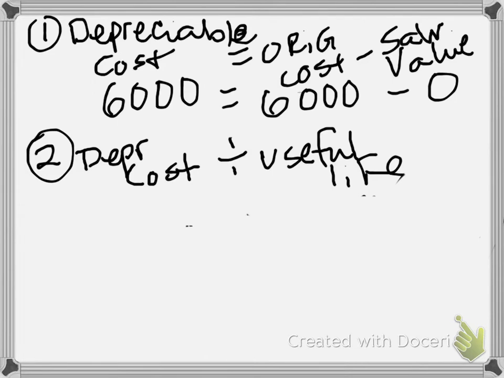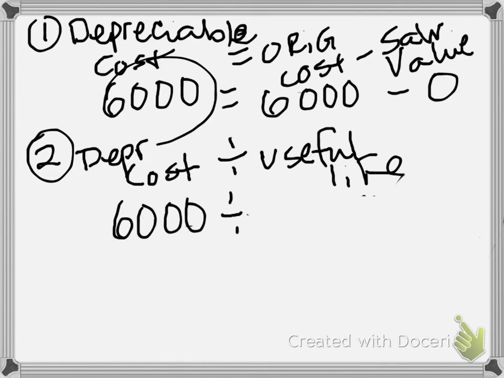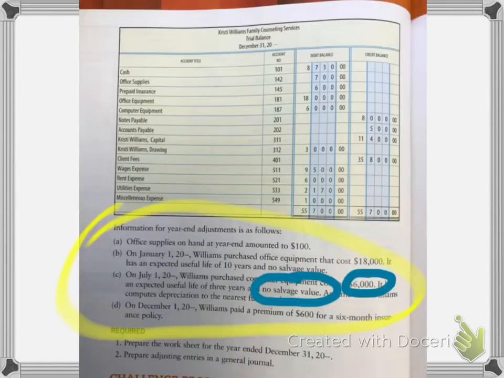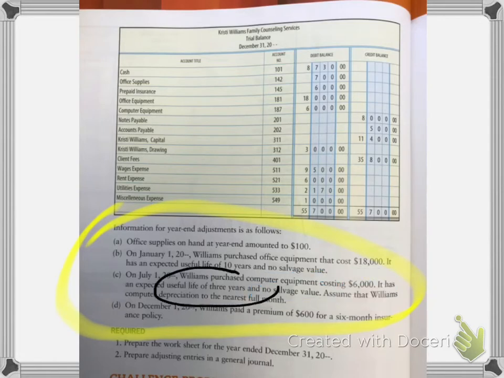Okay, then to calculate the depreciation, we take this depreciable cost and we divide by the useful life. If you remember, we read that the useful life is 3 years. Okay, do we need to use years or do we need to use months? How long have we owned it? We bought it July 1st. So July, August, September, October, November, December, that is 6 months. That is half of a year.